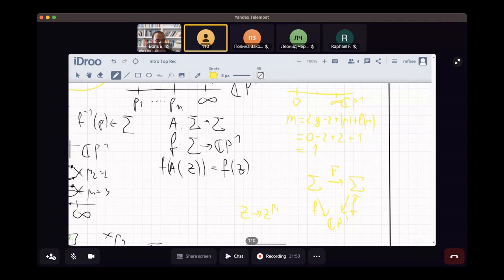Suppose we have some other covering with the same ramification profile, and we want to show that such an F exists. That's precisely saying that any two such coverings are equivalent to each other, so that there is only one equivalence class.